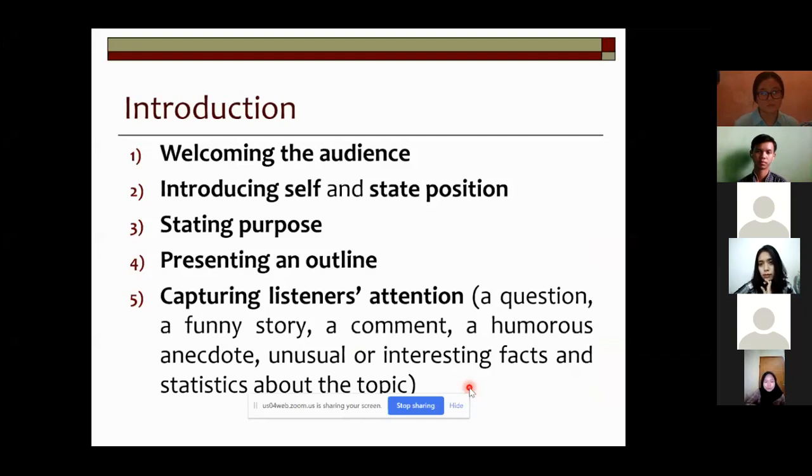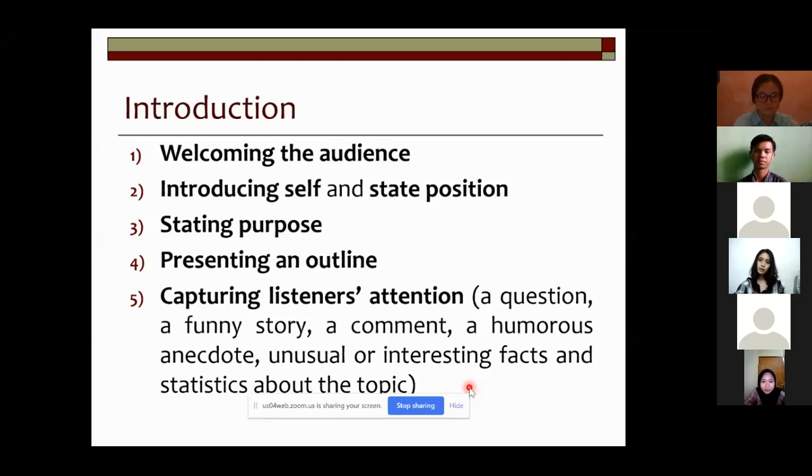The second one, after welcoming the audience, is to introduce yourself and state your position. Introducing yourself means that you tell your name, even if you think perhaps the audience will know you, because you are a popular or familiar person around the audience, it is usual to introduce your complete name.